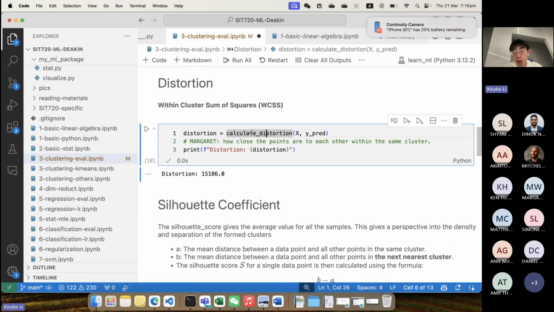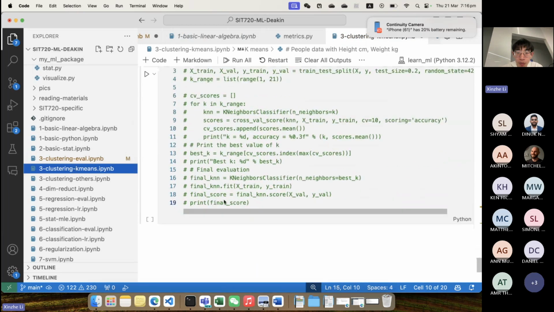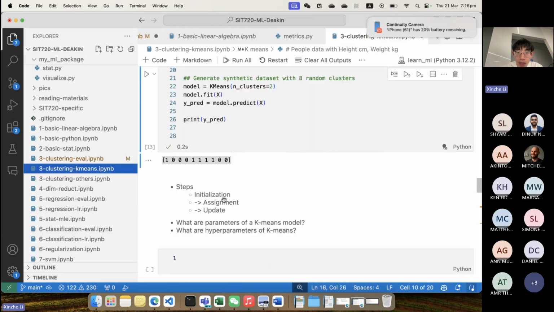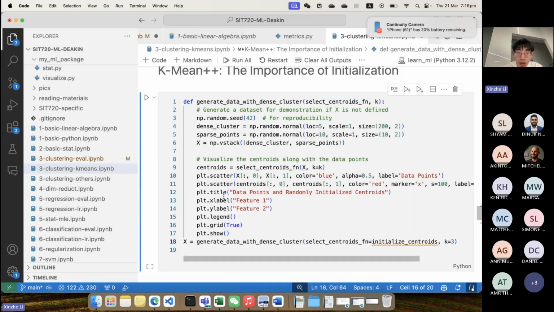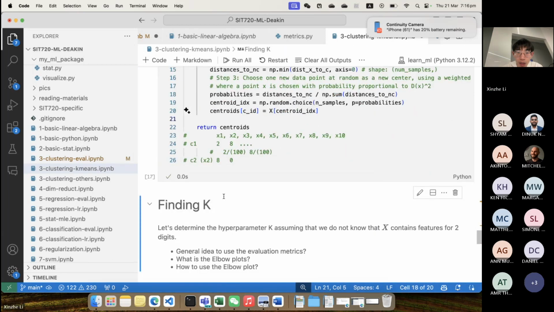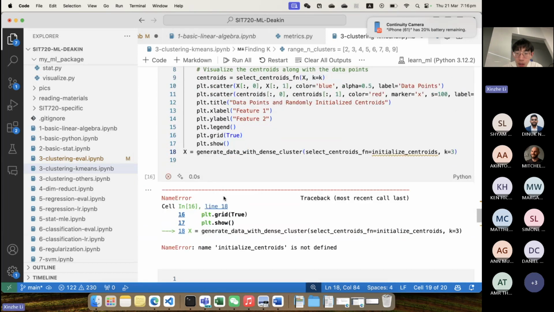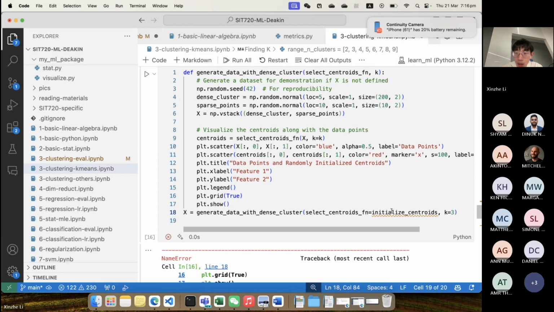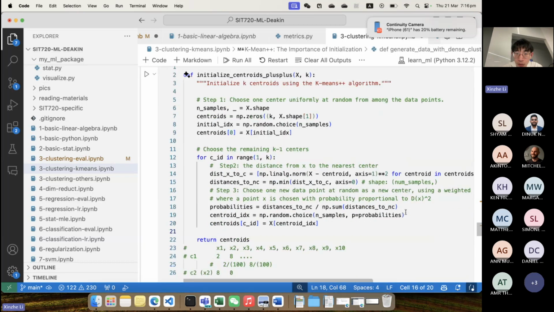So intuitively, what is the distortion score? Let me go back to the visualization. Do I have a visualization here? Should have a visualization somewhere. No, not yet. I want to give you an initialization, so please wait for a while.